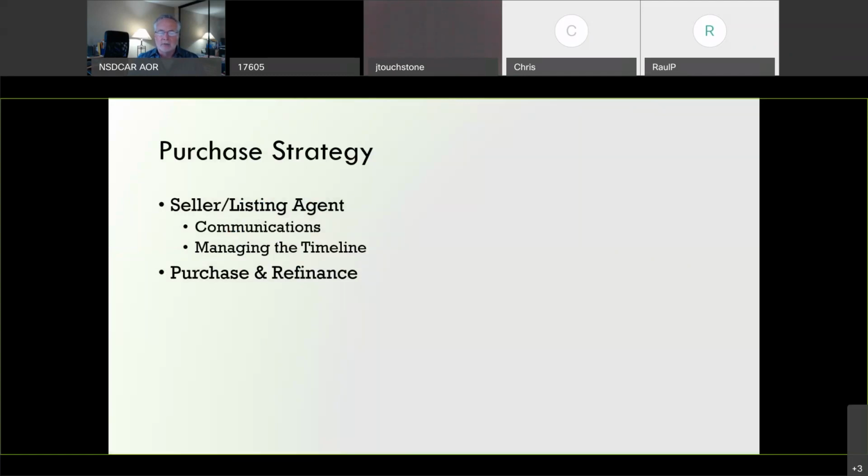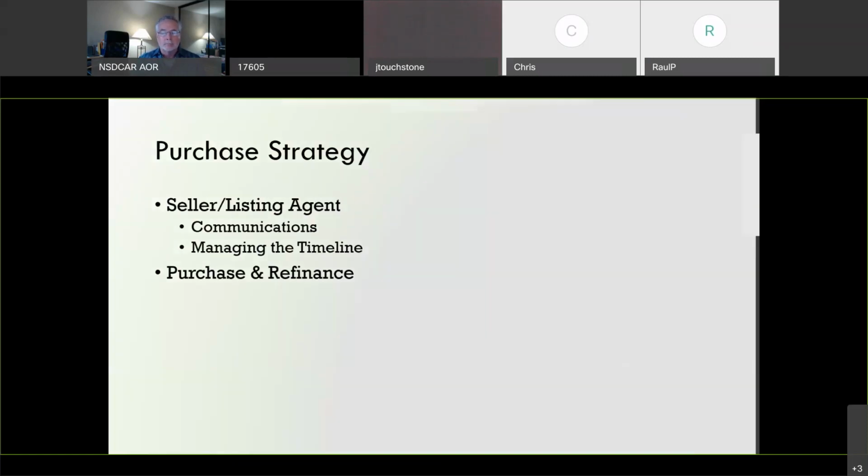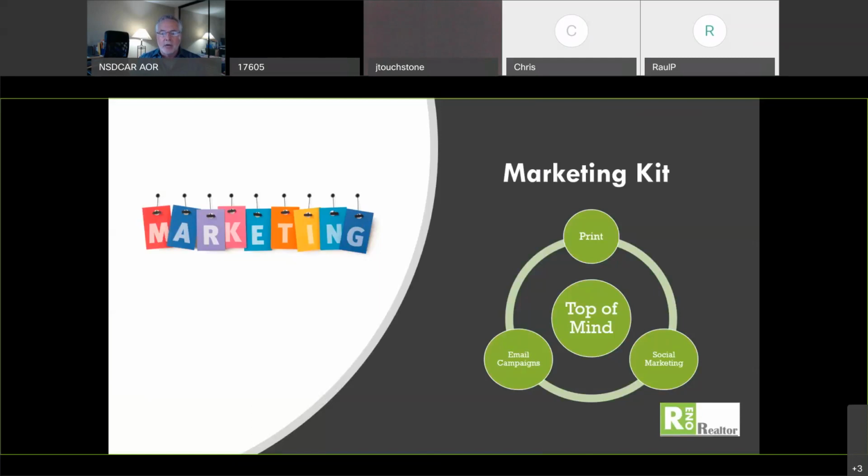If we feel good about the buyer qualifying for the loan amount and we feel good about the appraisal, and the rest of this is just a process that we need to work through, we need to sell that confidence to the selling side that we might need additional time to close escrow on this. And then I had already talked about purchase refinance as a backup strategy going forward.